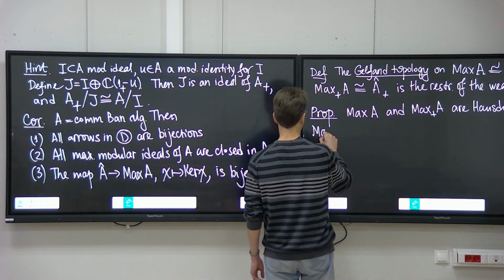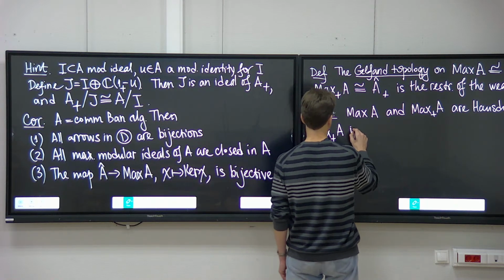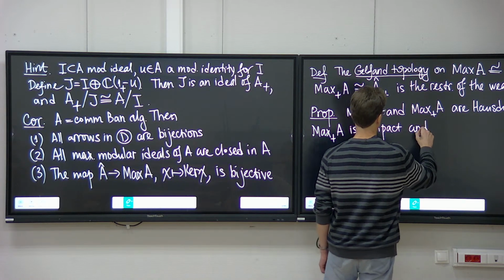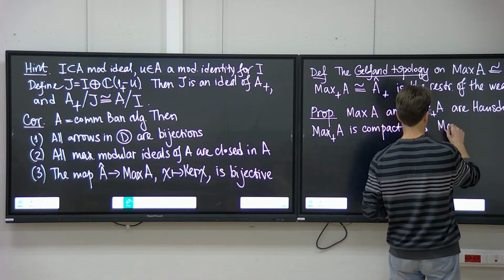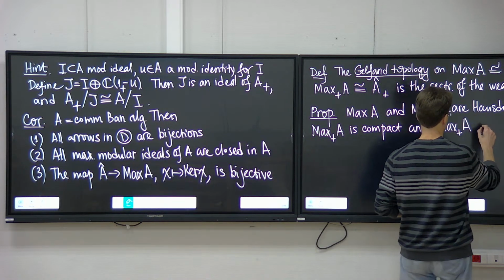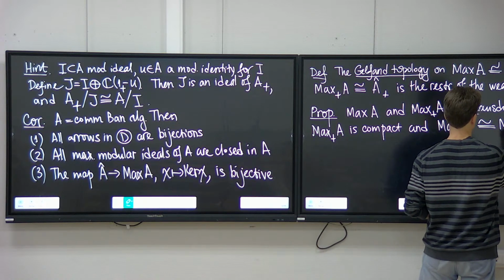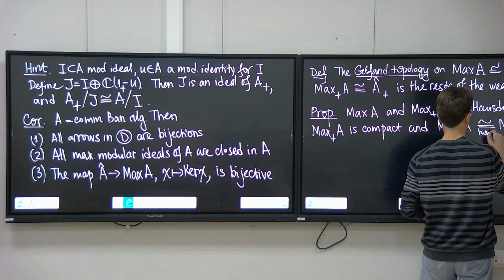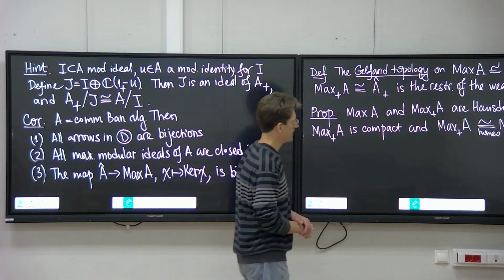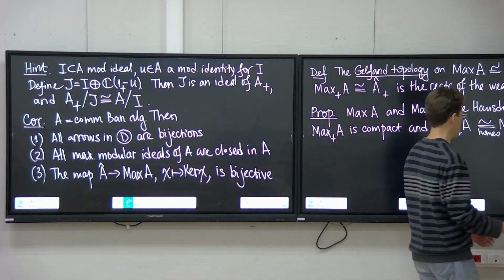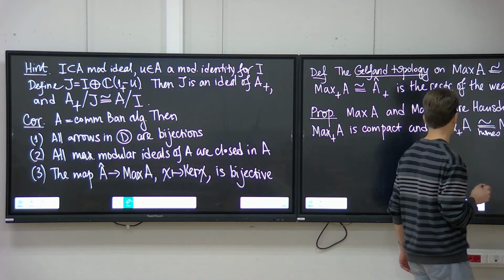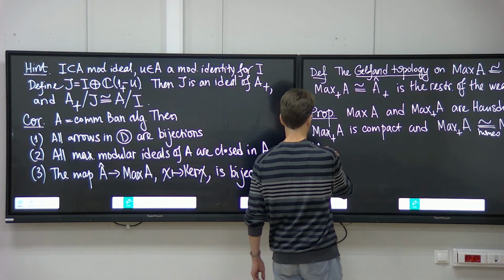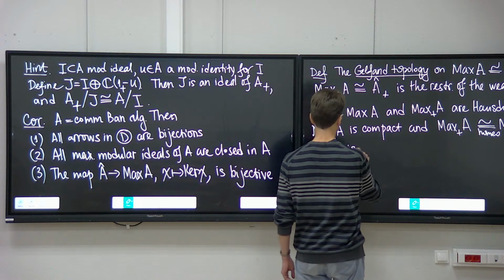Max plus of A is compact, and it is homeomorphic to the maximal spectrum of the unitization of A. As for the maximal spectrum itself, max of A is locally compact.